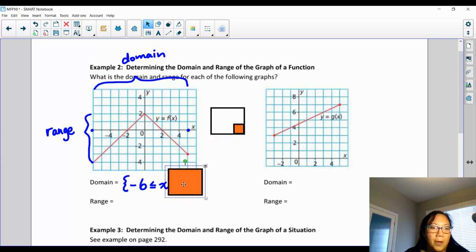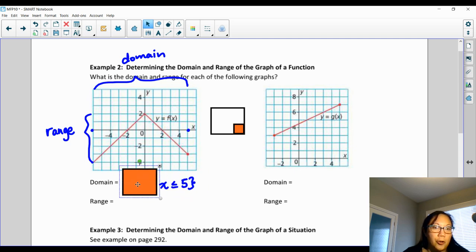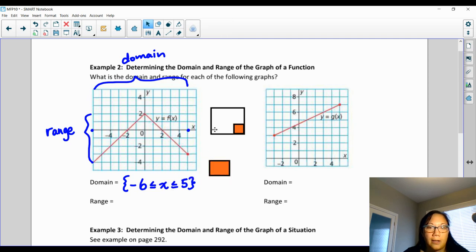So if I cover up that part, that statement is true that -6 is less than or equal to x, or you can read it backwards, x is greater than or equal to -6. It's also true when I read it this way, x is less than or equal to 5. That's also true. And it's also true when I cover up the middle part, it is true that -6 is less than or equal to 5. So this is a good way to write out our domain and our range. It's basically saying, hey, there's a whole series of numbers in here that works.